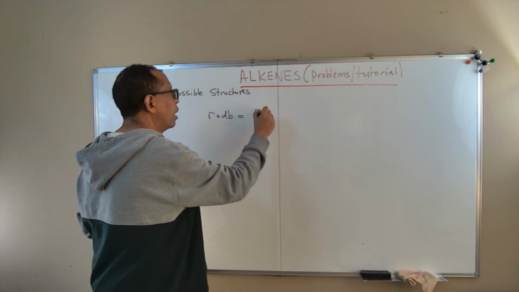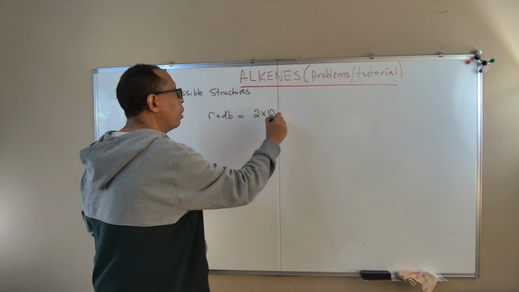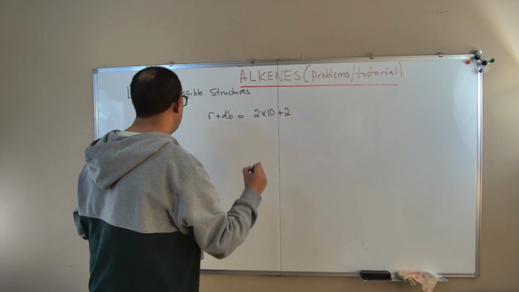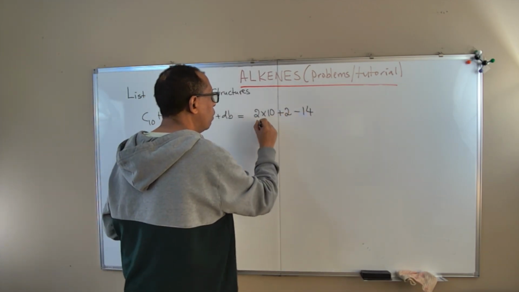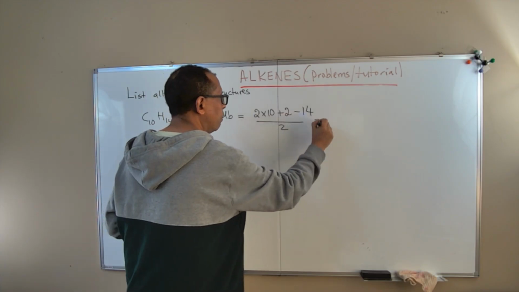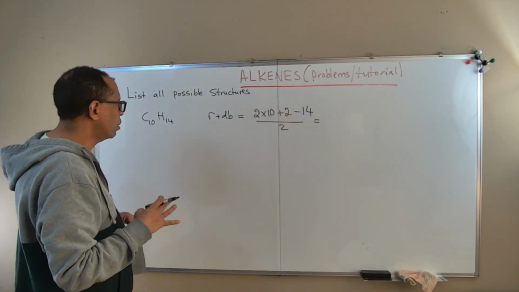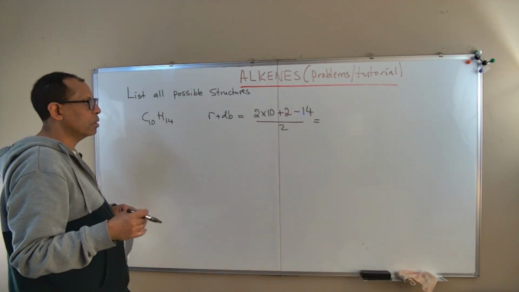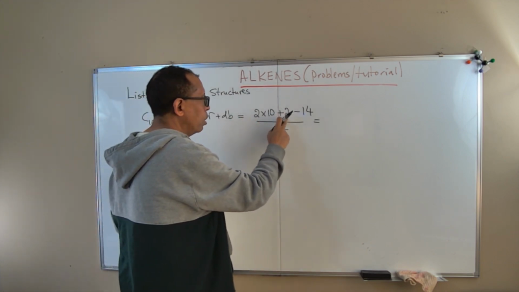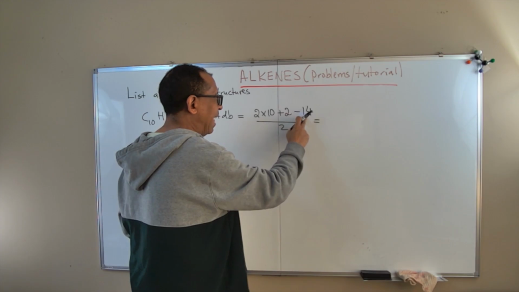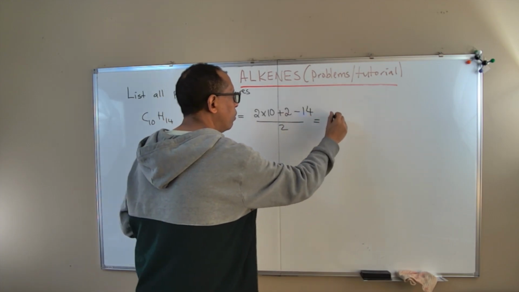So the ring plus double bond: 2 times 10 plus 2 in the formula, minus 14 hydrogens, over 2 will give us the number of rings or double bonds together. This is 20 plus 2, 22, 22 minus 14, 8, over 2 is 4.